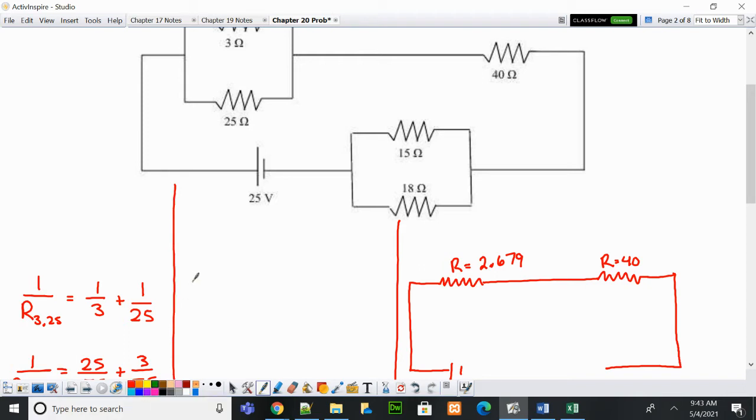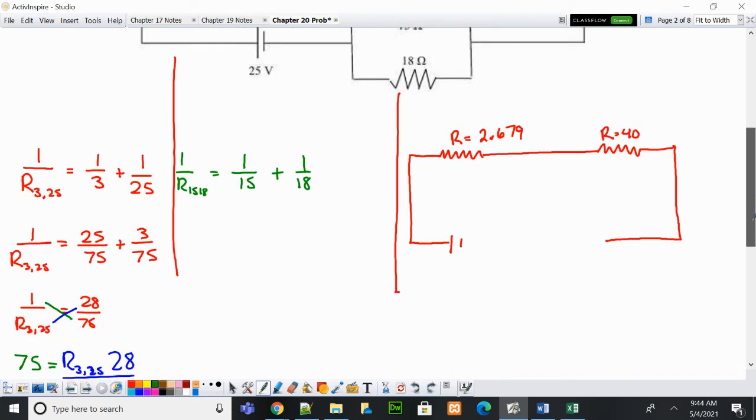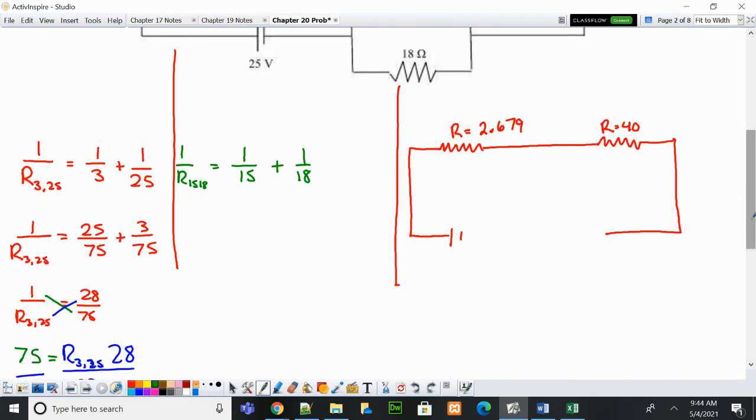Again, I need to find the equivalent resistance of these two. So 1 over the equivalent resistance of the 15 and the 18 is equal to 1 over 15 plus 1 over 18. You could find a common denominator, which is how I did it. The common denominator is 90.